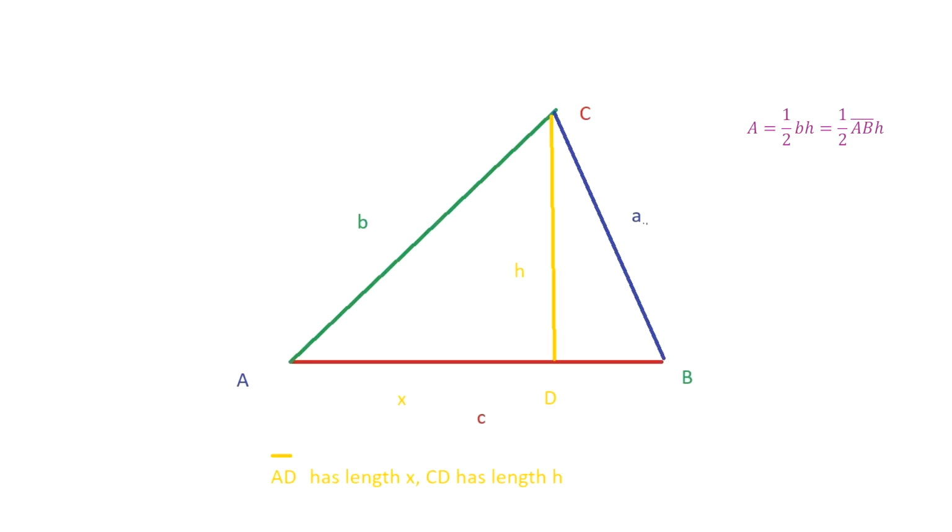So this is going to be the final formula. I'm going to use base AB. I'm going to use the height here, just like I did. I don't really need to know what the name of this is. I don't even need to know what X is. I'm going to use the law of cosines. You can name this if you want.